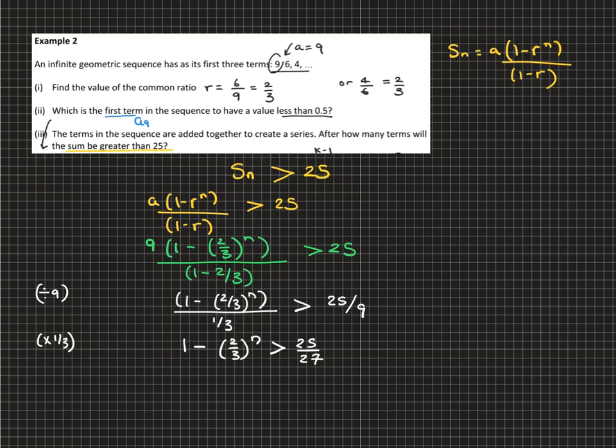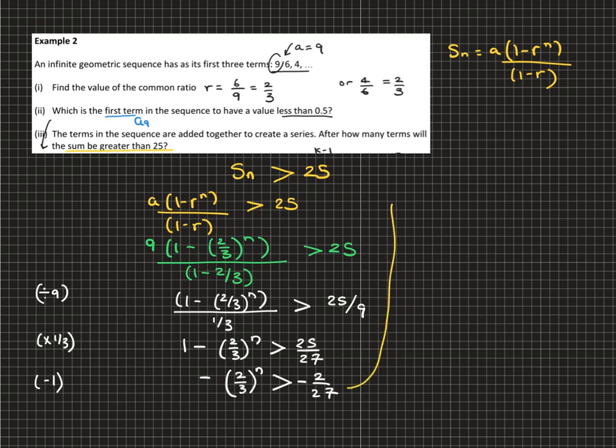Now, let's rearrange this inequality. So I am going to subtract 1. There are lots of different ways of doing this rearrangement, by the way. So that gives me negative 2/3 to the power of n is greater than negative 2 over 27. And I want to multiply both sides of my inequality by negative 1.